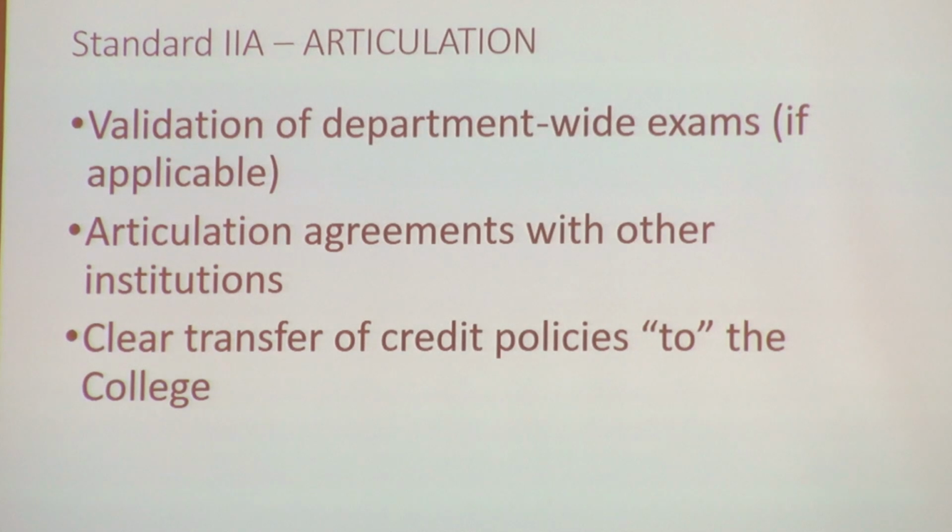So we often think of articulation in terms of what transfers out of our college, but we also need to pay attention to what transfers into our college. So when a student has taken, let's say, Calc 1 in a different college, how does that articulate? How can they enter the system here?